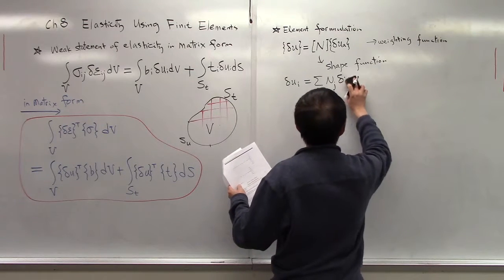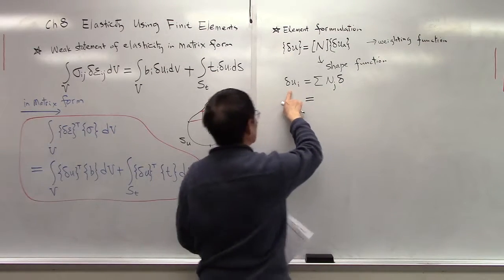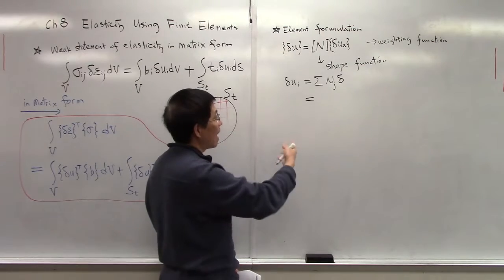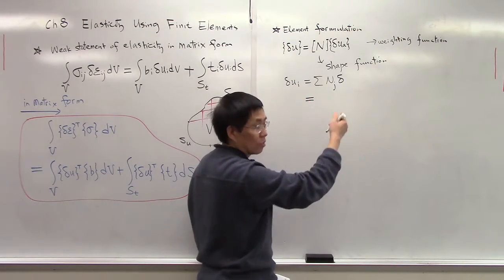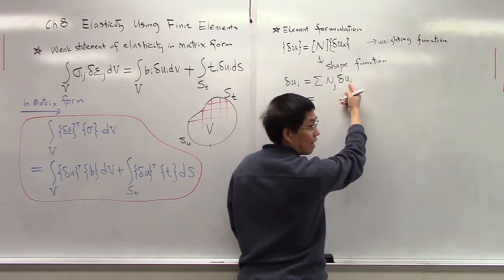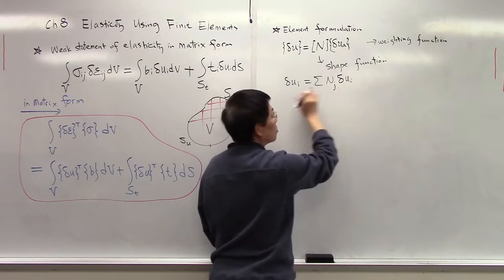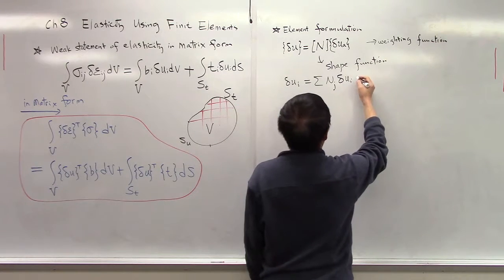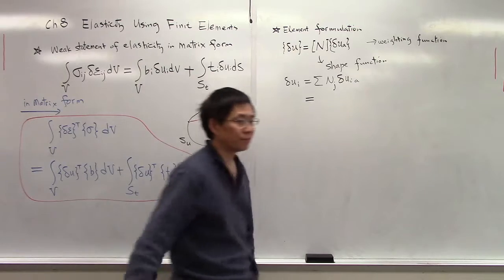Okay, I know what's going on. Because during derivation we use delta U means the x displacement. Now with index, U can be U1 or U2 and U3. So here I should really correspondingly put I here. When I is 1 is U, when I is 2 is V, and I is 3 is W. So the 3 displacements.